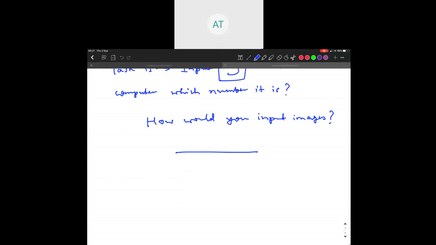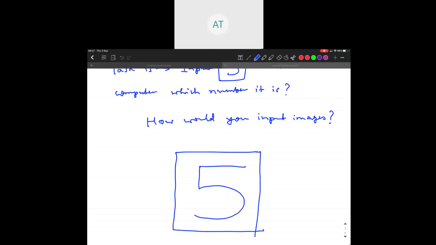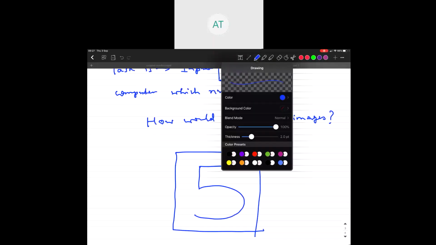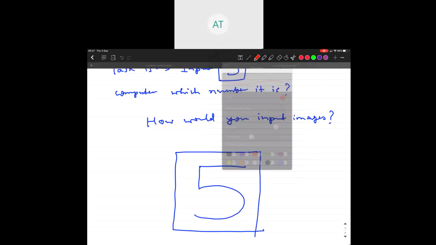Let me see how these quantities come back again. Suppose we have a quantity written as 5. What we do really is divide this into grids.